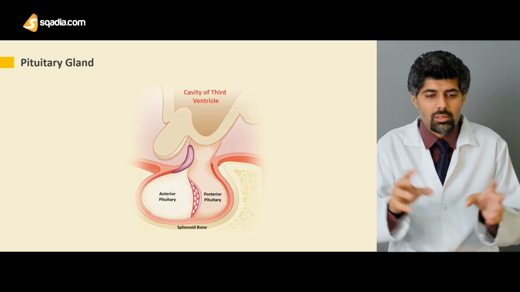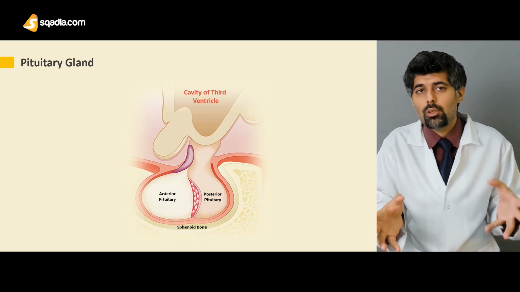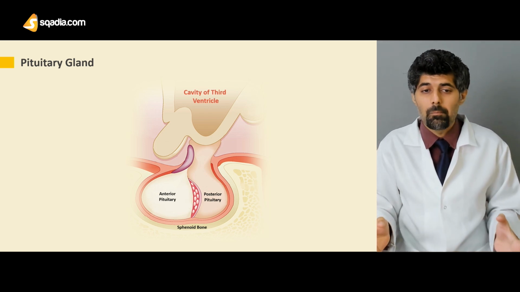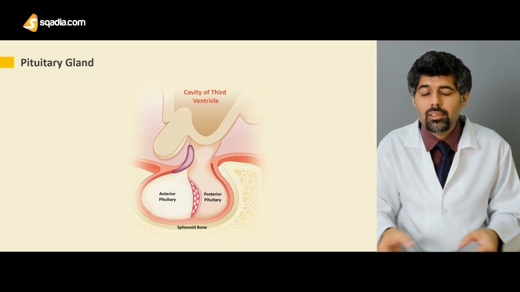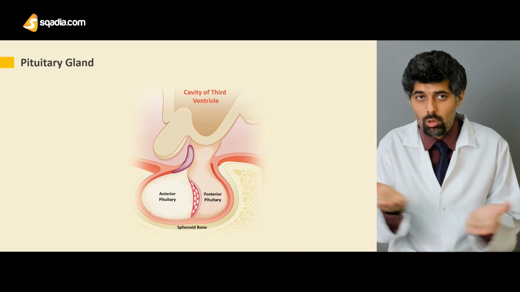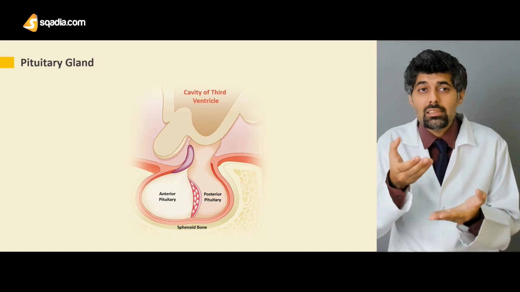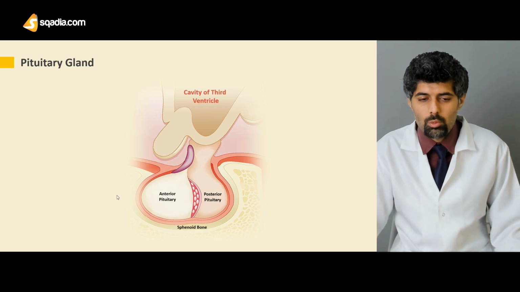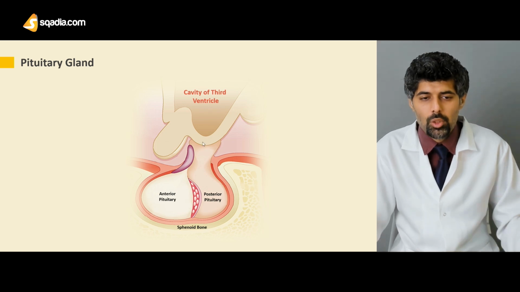Now, let's take all of those anatomical structures in much more detail. Like I said, the pituitary gland is found at the floor of the brain, inferiorly to the hypothalamus. Now, this is the pituitary gland with its stalk, the infundibulum.